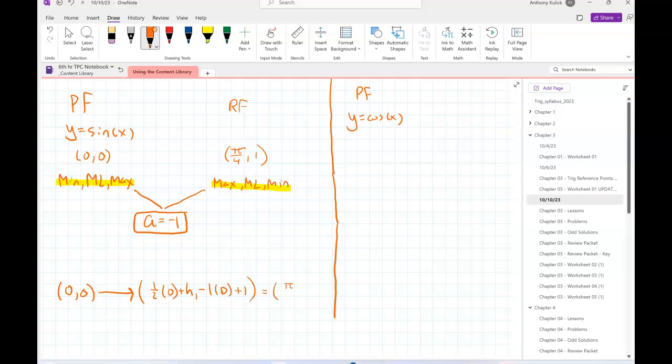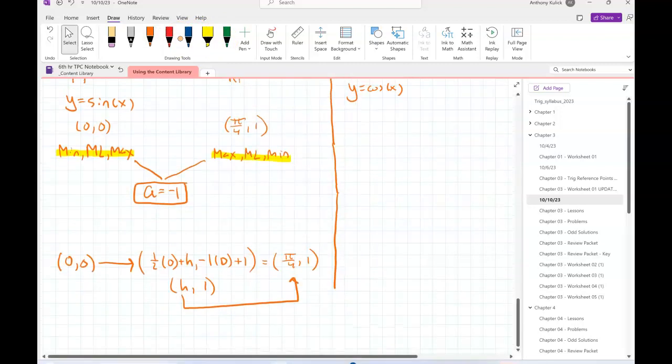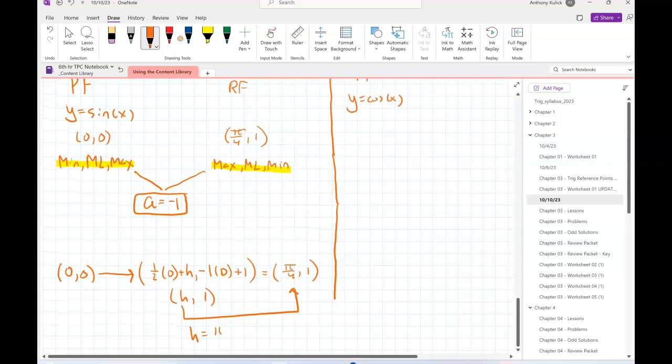And that has to give me the point pi over 4, comma 1. So 1/2 times 0 plus h is just h. -1 times 0 plus 1 is just 1. What does that tell me h is then? It just tells me it's pi over 4.